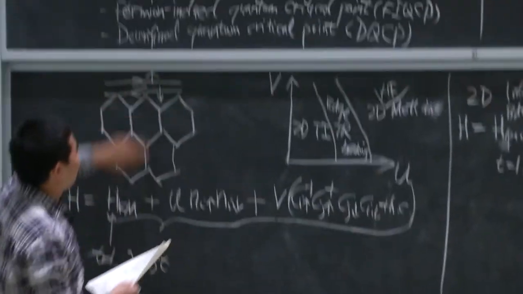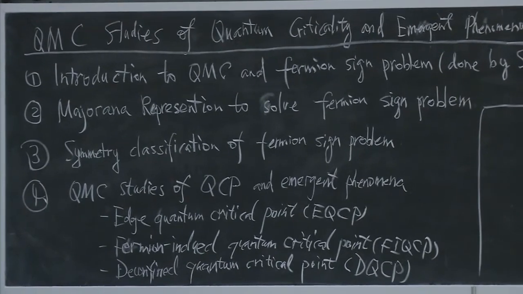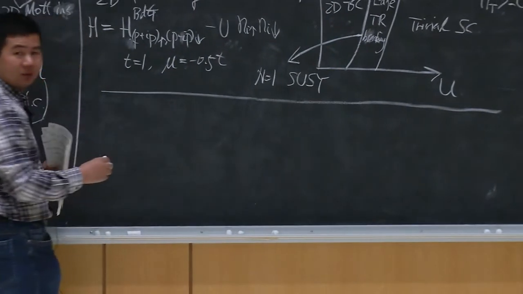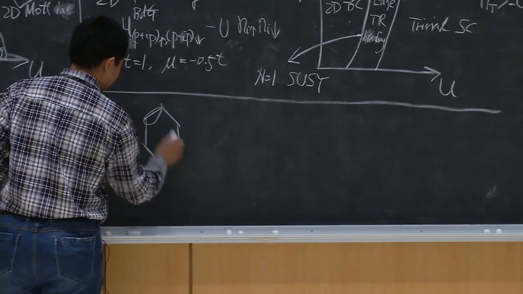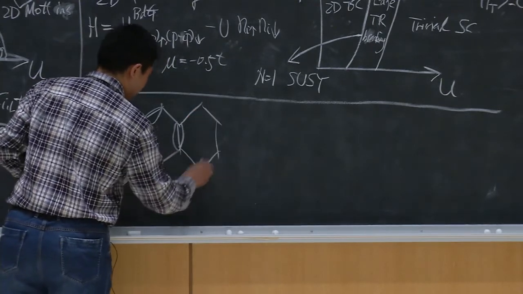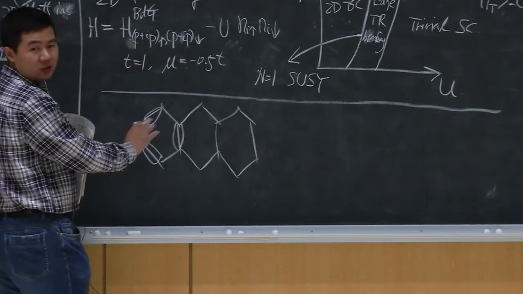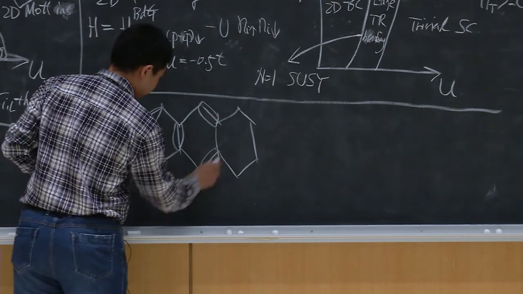So the second quantum critical point I would like to briefly mention is the fermion-induced quantum critical point. So we propose a model which has a quantum phase transition between Dirac semimetal and Kekule valence bond solid. The Kekule valence bond solid is a phase where the hopping breaks the translation symmetry of the lattice.